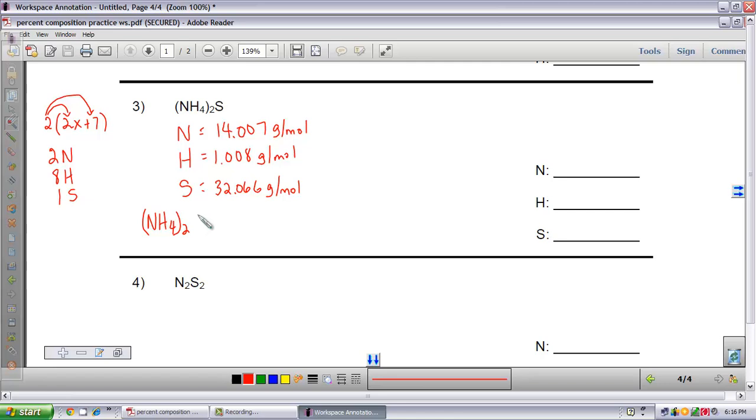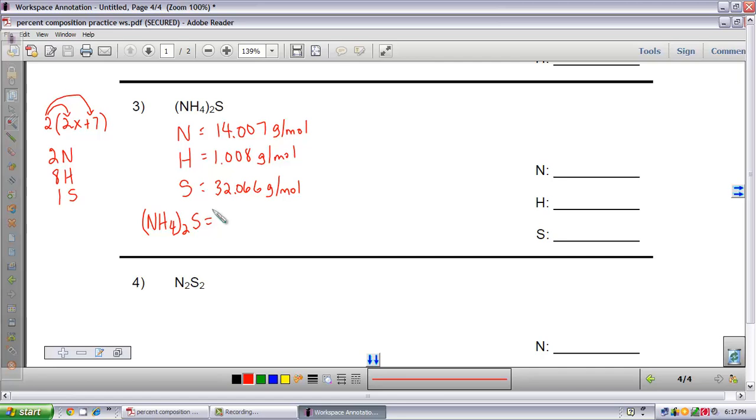So let's get that in your calculator, see if you can beat me. Okay, we're going to do 2 nitrogens. 2 times 14.007. If you're using a calculator, you may want to use parentheses because that's going to really help this go faster. You need 8 hydrogens. 8 times 1.008.